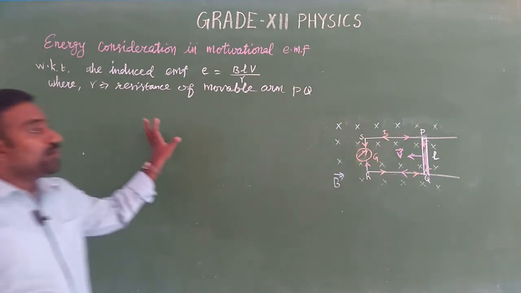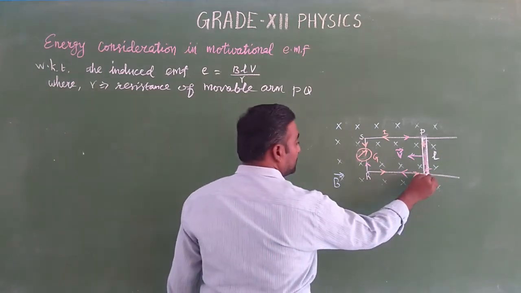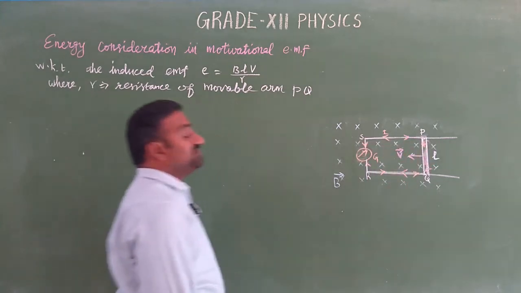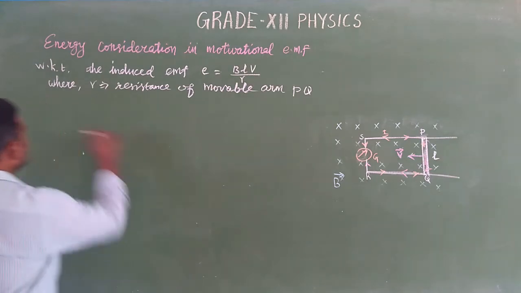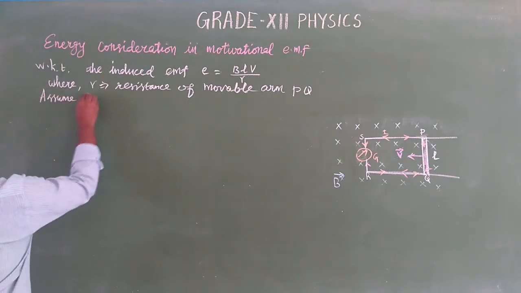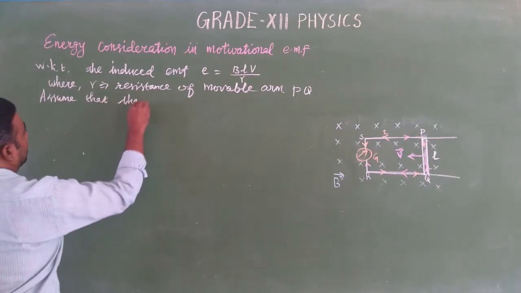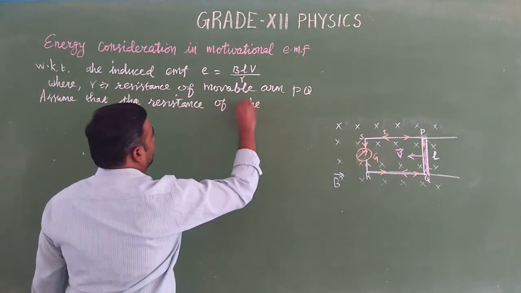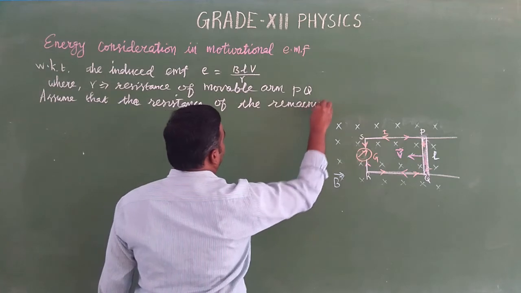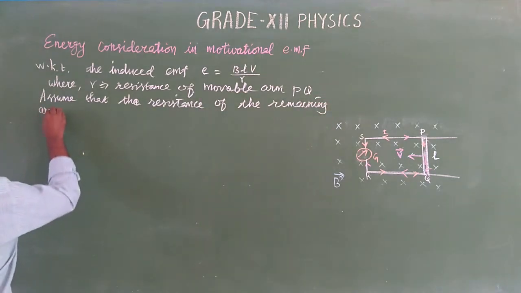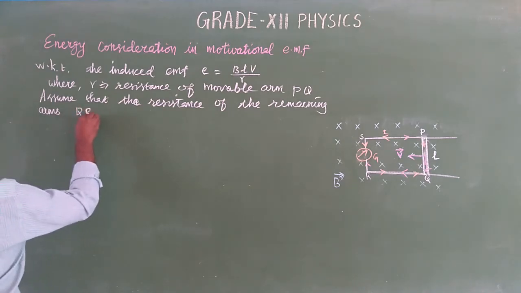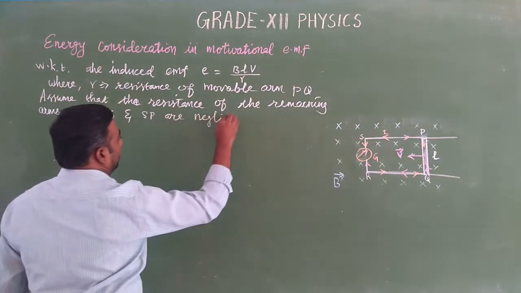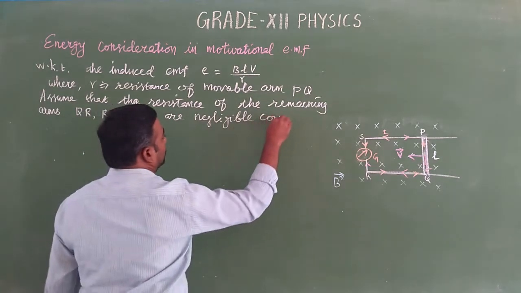Now we are going to assume that the resistance of the remaining arms, QR, RS and SP, is negligible compared to PQ.